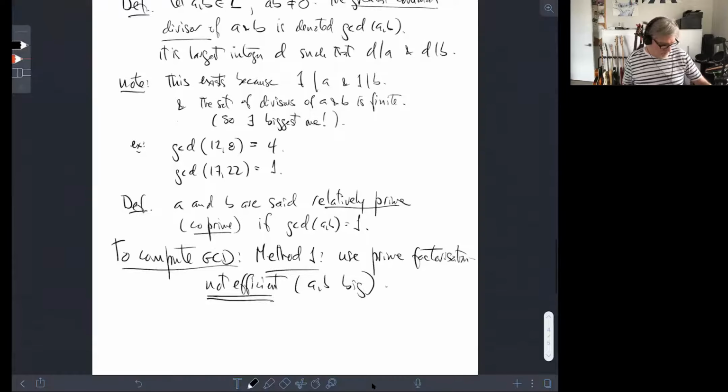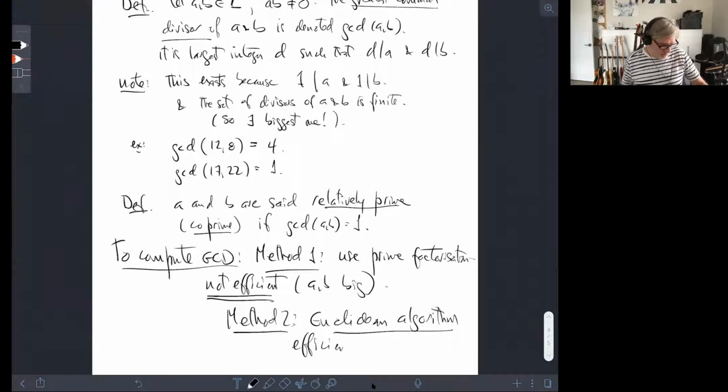The efficient way to do this is the Euclidean algorithm, which I'm going to show you today, which is a really cool algorithm, and it's very fast. We're going to see that, but there are things to be done first. If you happen to know the prime factorization, you can find the GCD in a very smart and nice way. So we're going to start with that.